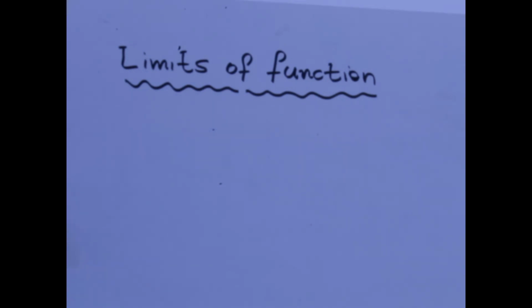The limits of a function. We know that a function means it's a mathematical relation between variables. We have two different types of variables, x and y, or other letters can also be adopted.